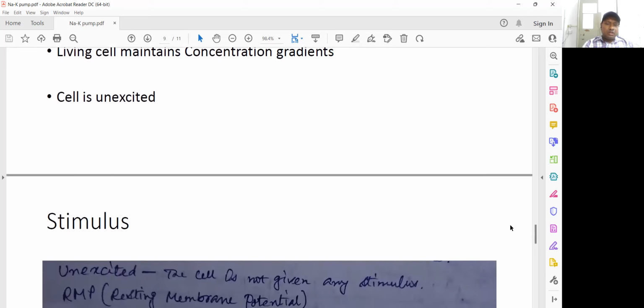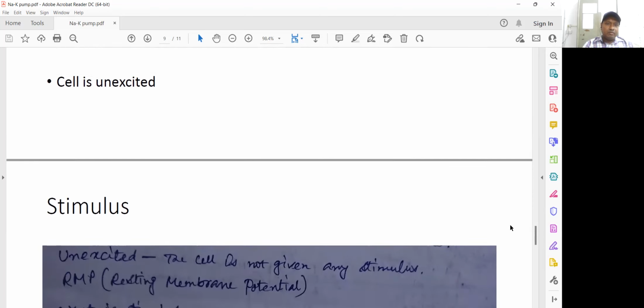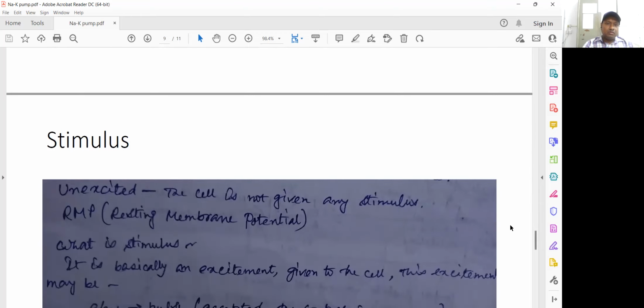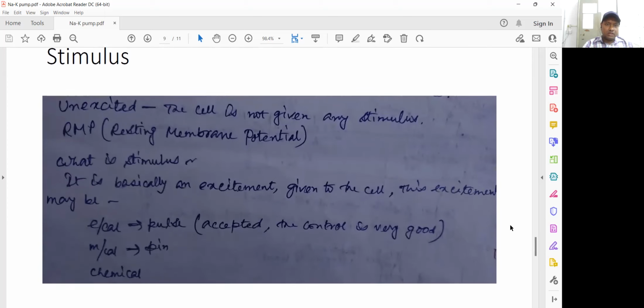Now suppose at some instant we have given some excitation to the cell. How do we excite the cell? We put some stimulus to the cell. What is a stimulus? A stimulus is a kind of excitation given to the cell such that the cell will not maintain its natural sodium potassium pumping.